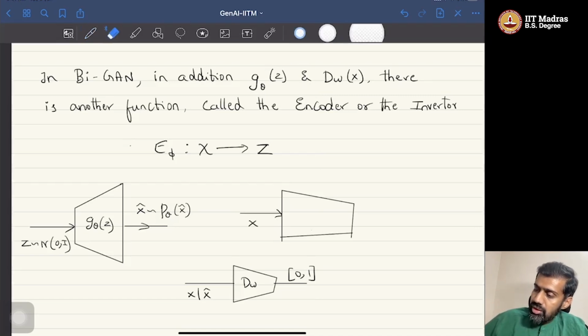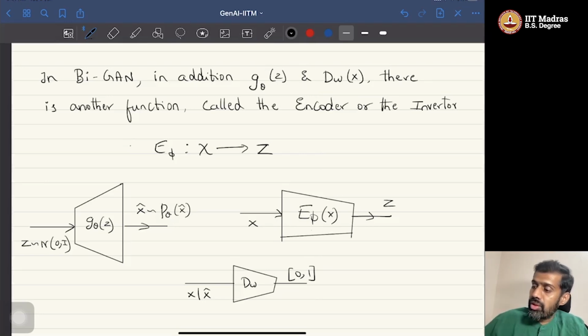So this x comes from a px, and let us call this E phi of x, and this would give you a z. Okay, let us say that this is z cap, and this has a distribution p phi of z cap, right? So this is how one would construct a bidirectional GAN.